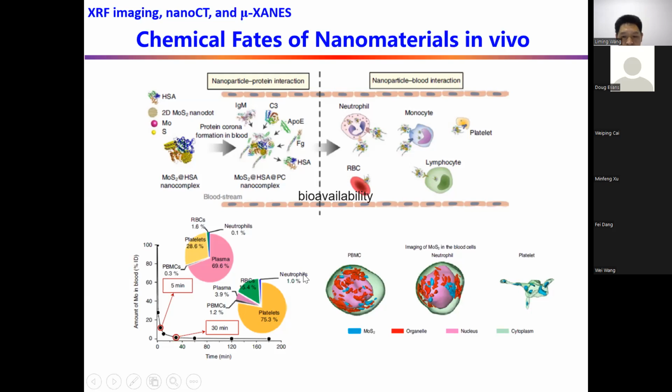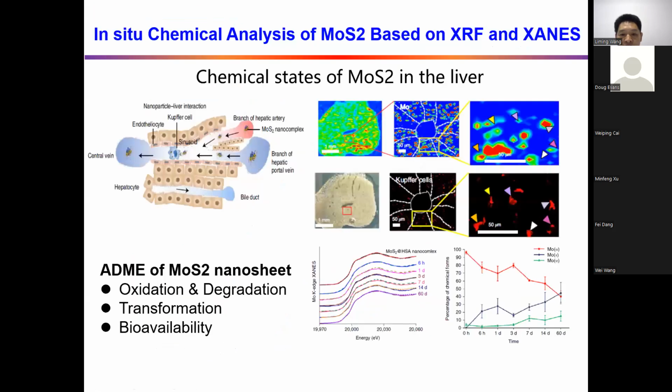So we use X-ray based techniques such as X-ray fluorescence imaging and XANES to study the details. This is one example of how MoS2 nanoparticles are accumulated in the liver and removed from the liver. When the particles are injected in the blood, they quickly go to the liver.